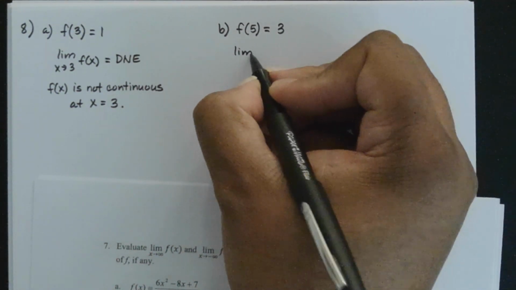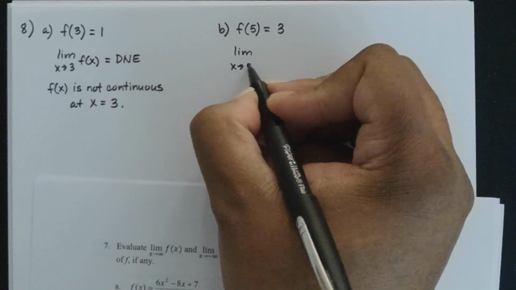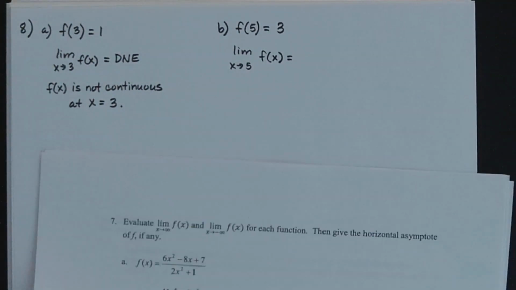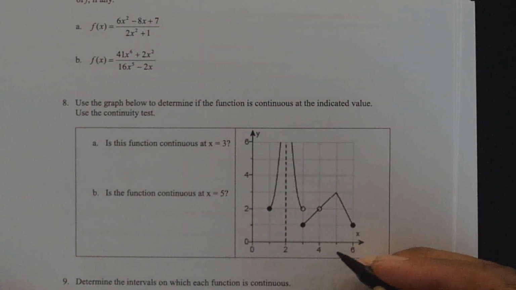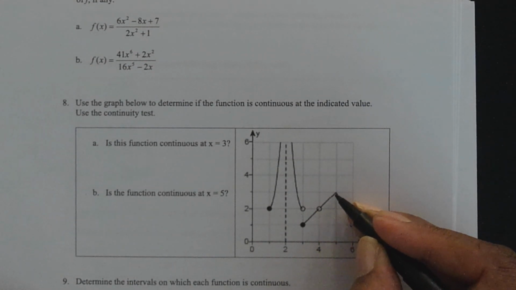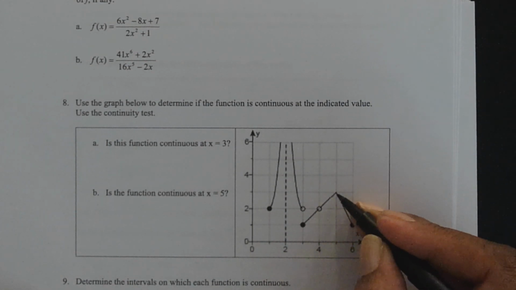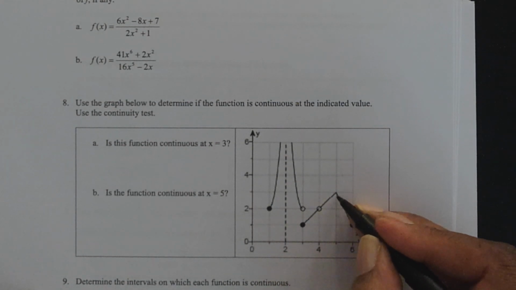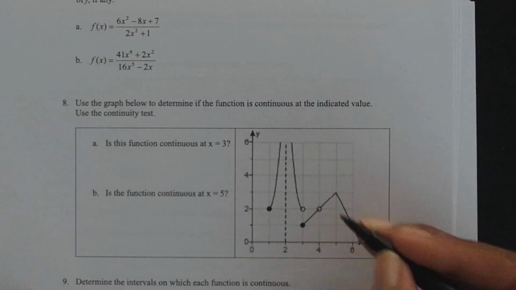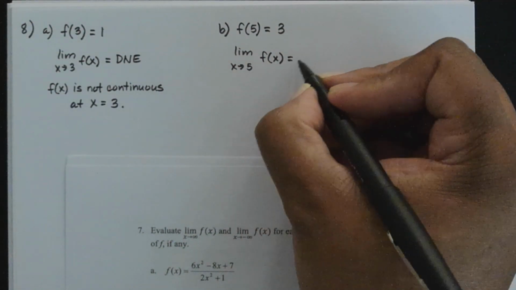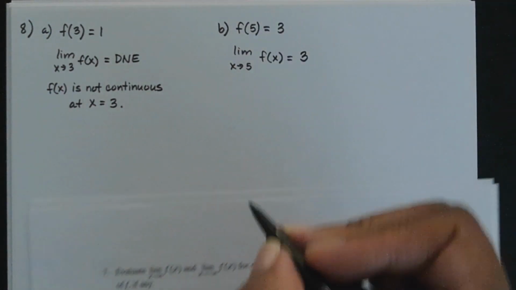Now for the limit as x approaches 5 of f of x. Let's see what's happening here on both sides of 5. On the left of 5, the values of f of x get closer and closer to 3. And to the right of 5, the values here get closer and closer to 3. So the limit as x approaches 5 of f of x is 3.